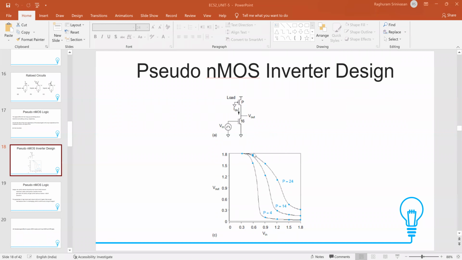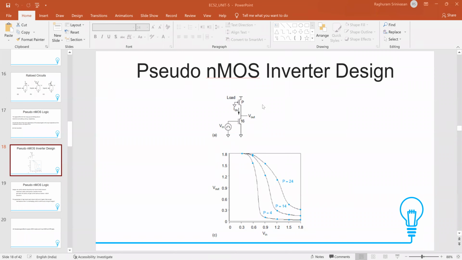We have to design these circuits so that when the input is high, the output should be as close to ground as possible. And how can we do that? The idea is very simple. You make this PMOS transistor very small, that is, the width of the transistor very small. If the width of the transistor is very small, then the resistance across that transistor is going to be very high.